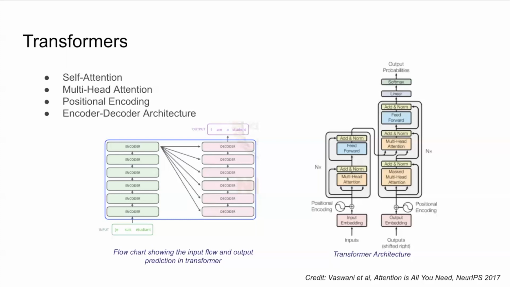Starting with transformers: in 2017, a couple of scientists came up with this paper called "Attention is All You Need," and this paper changed the course of AI in the coming days. From transformers came bidirectional transformers, and now what you see, that is called Chart GPT, is also a brainchild of transformers.